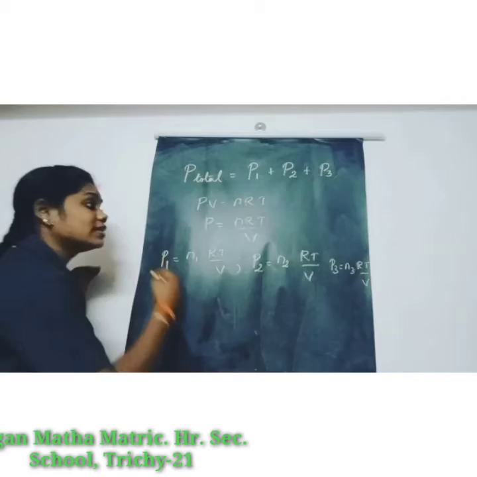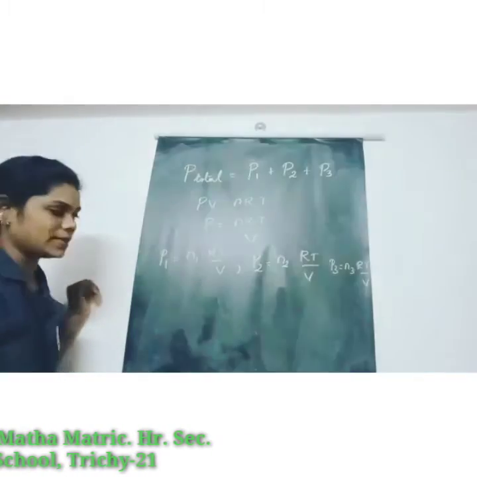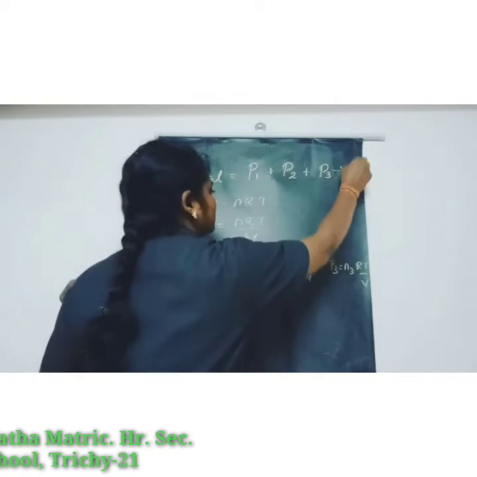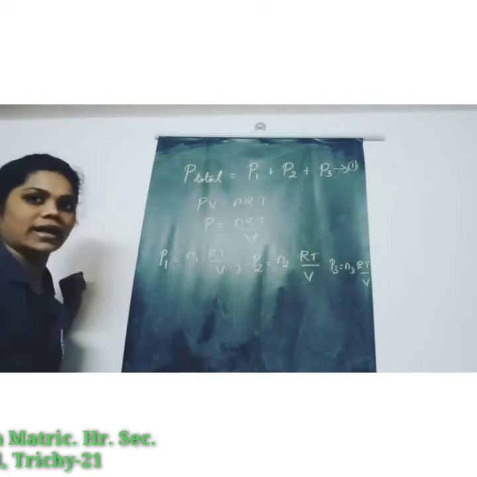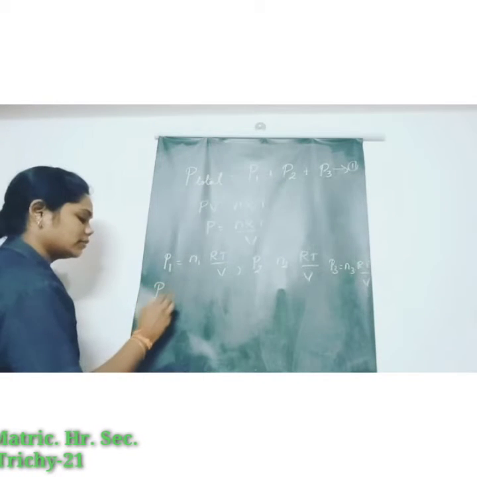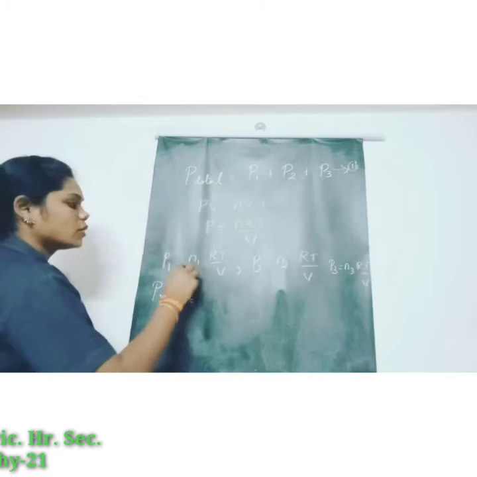So substituting these values in P total is equal to P1 plus P2 plus P3, which I take as equation number 1. So P total is equal to, what is P1?